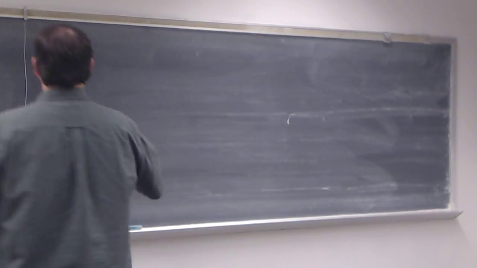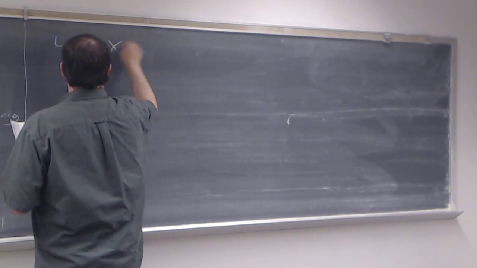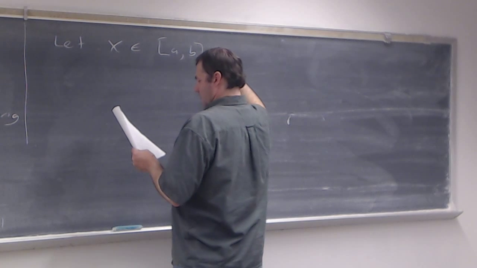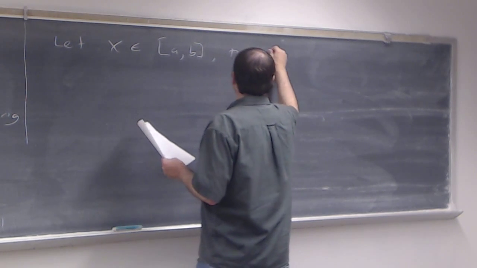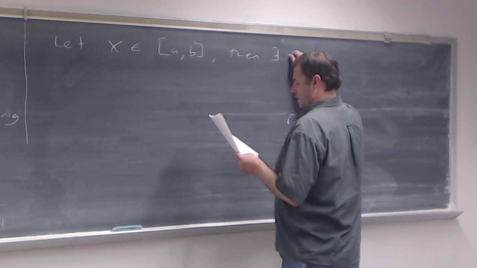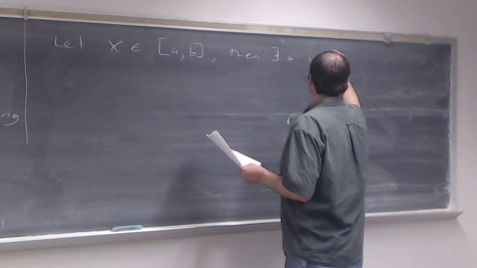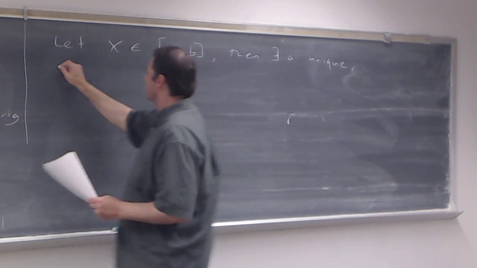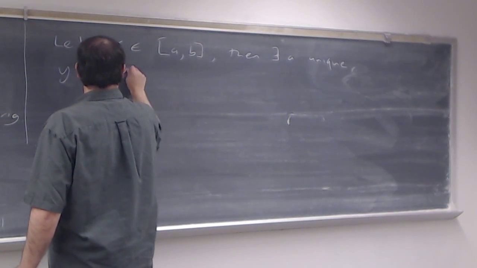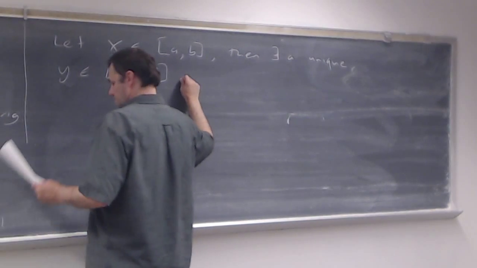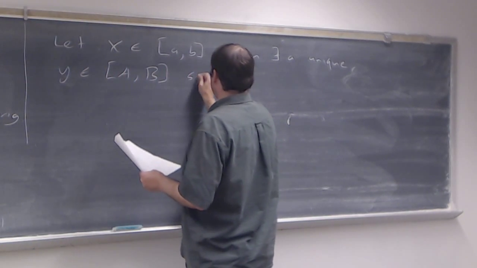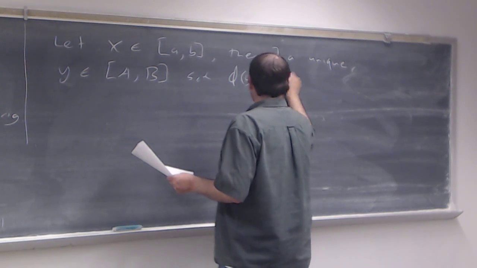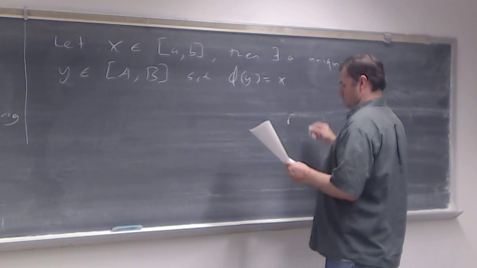Now, if we let x be an element of a to b, then there exists a unique y that's an element from big A to big B, such that phi of y equals x.